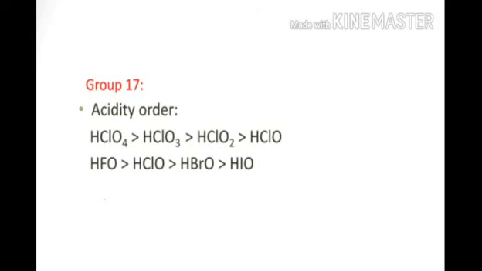So its tendency to remove hydrogen from HClO4 is higher, so we can say that the acidic strength order of these oxoacids is HClO4 greater than HClO3 greater than HClO2 greater than HClO.